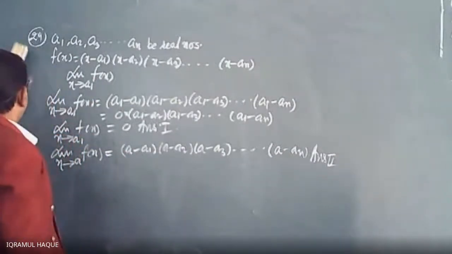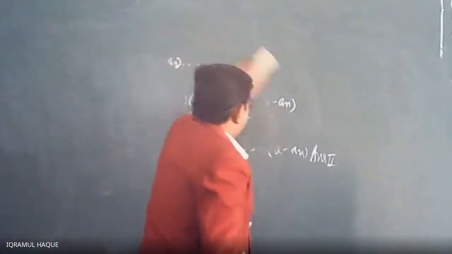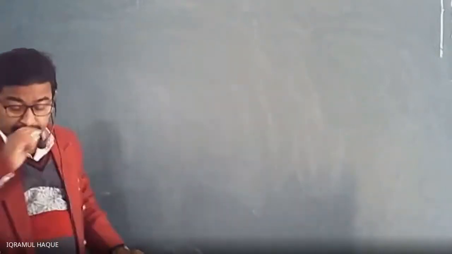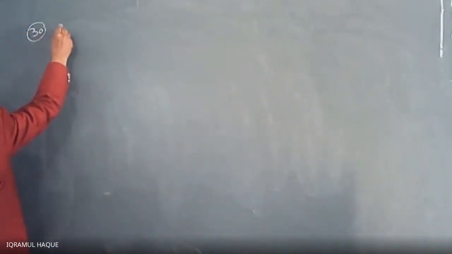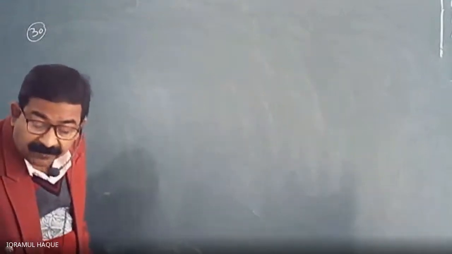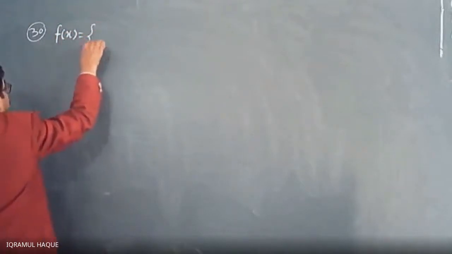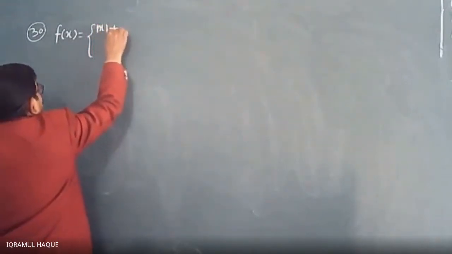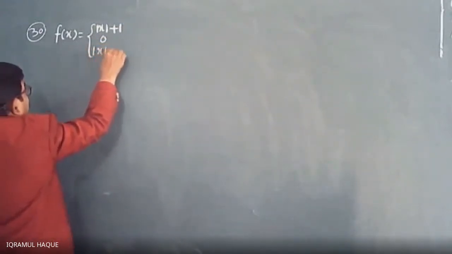Now let's see question number 30. We are given f(x) equal to mod of x plus 1, then 0, and mod of x minus 1.